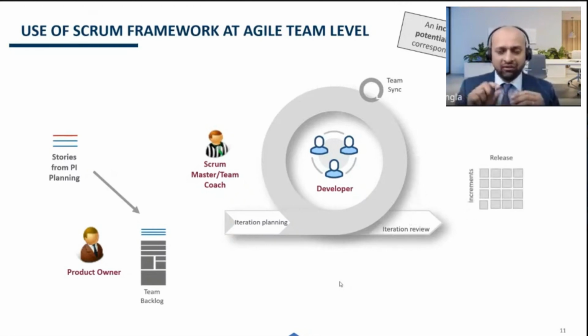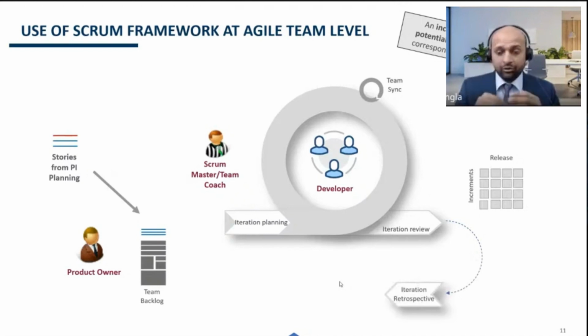Then whatever was built during this iteration is combined together with the functionality built by other agile teams within the agile release train, and then it is released to production.